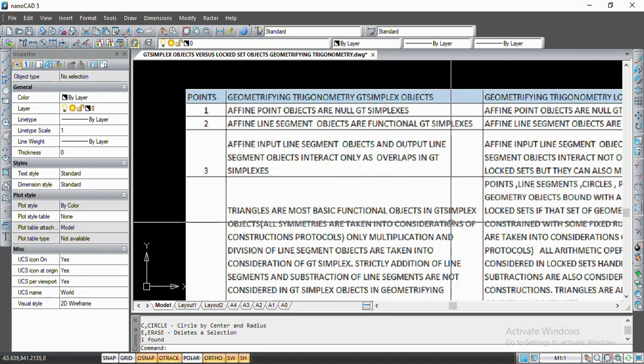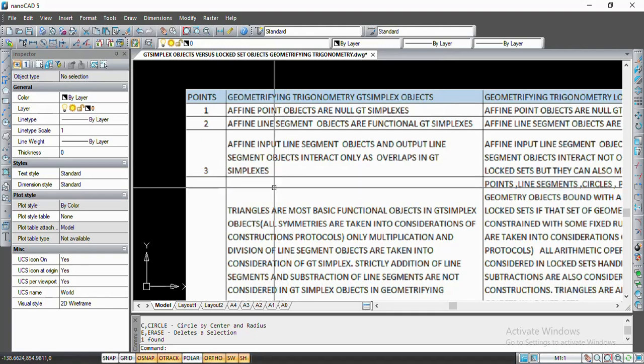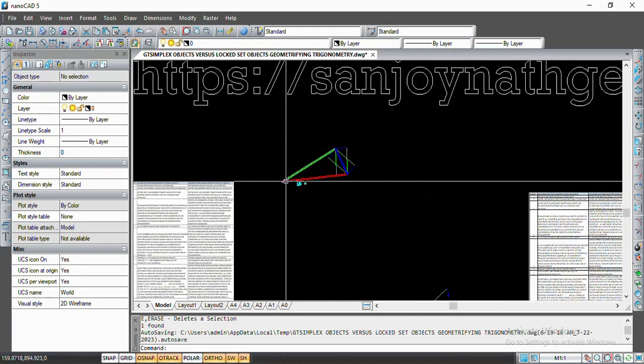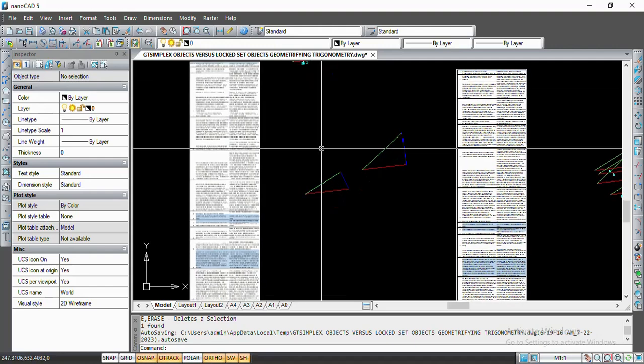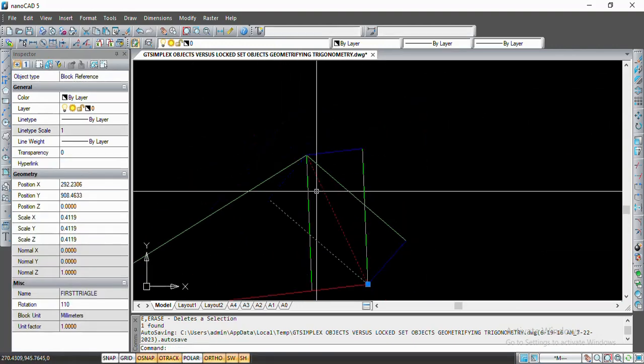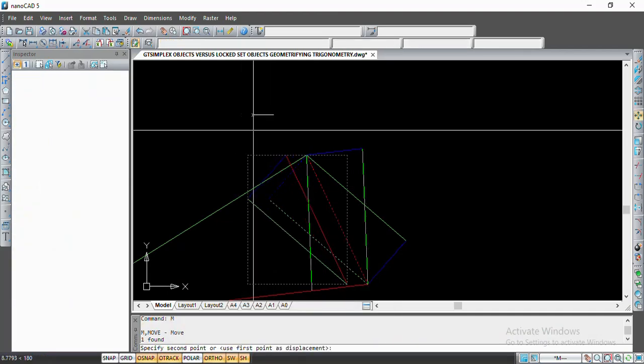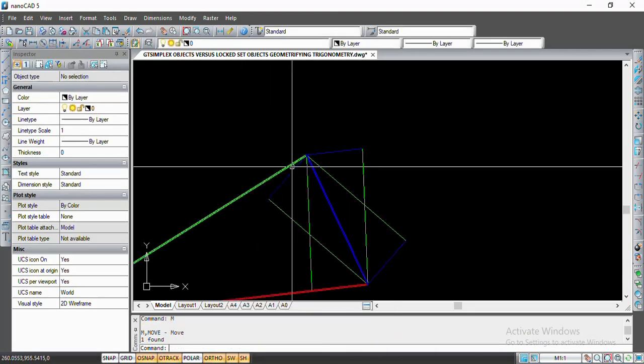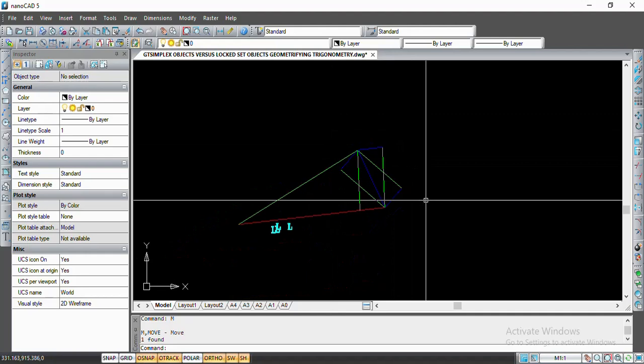In point number 3 we say that affine input line segment objects and output line segment objects interact only as overlaps in Gtsimplexes. Those overlaps are aligned and scaled to fit, and even after aligning and scaling to fit, you can cross verify by moving the alignment conditions, so that you can see that proper alignments are there.